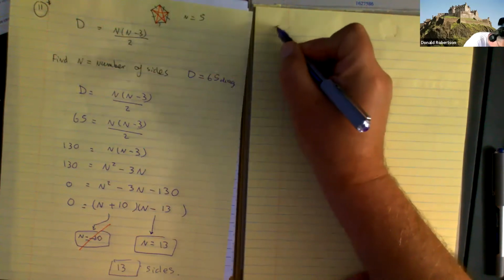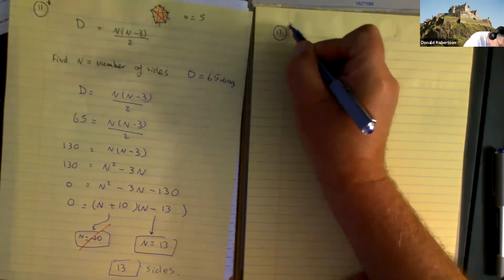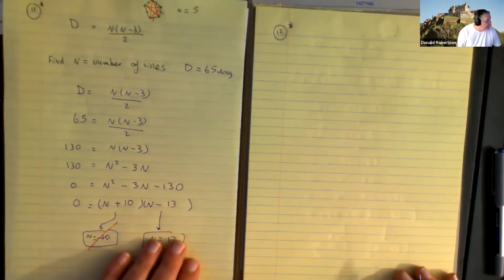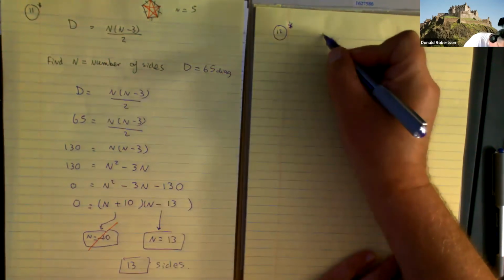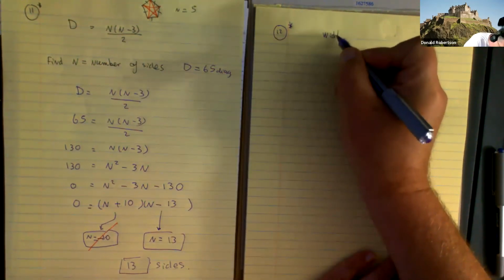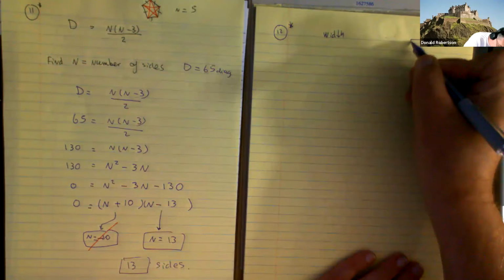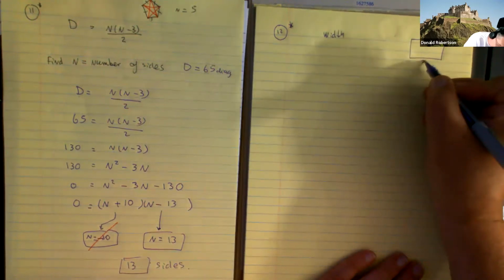So here's question 12. In question 12, the width of a rectangle is 5 less than its length. So I'm going to draw a little picture to help me.